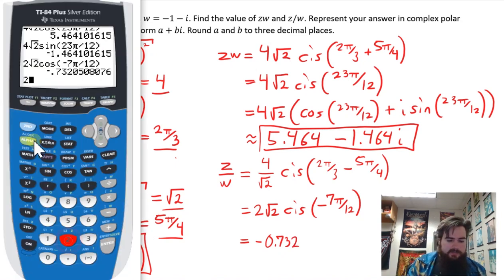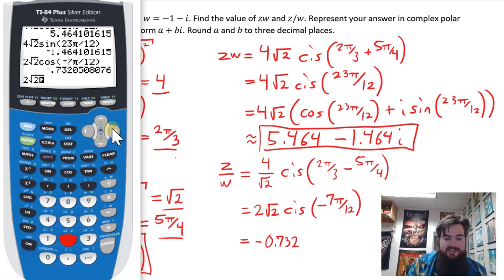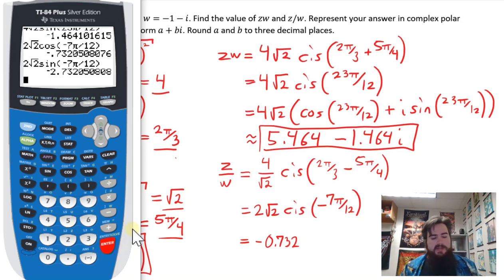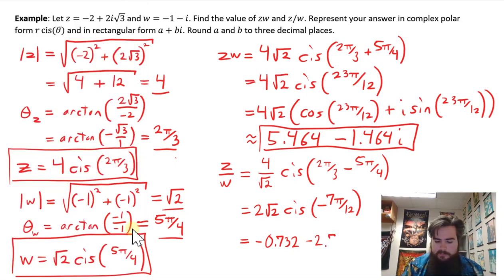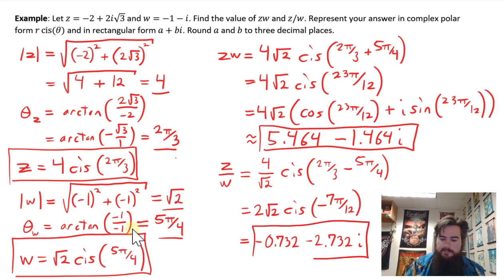And I would also expect a negative value from working with sine of this angle measure as well. So negative 7 pi over 12 gives me negative 2.732 times i. So that would be my second solution in rectangular form.